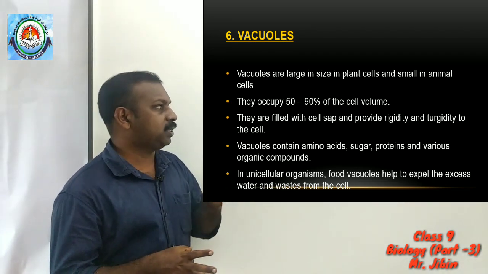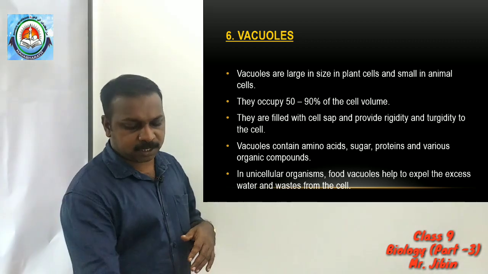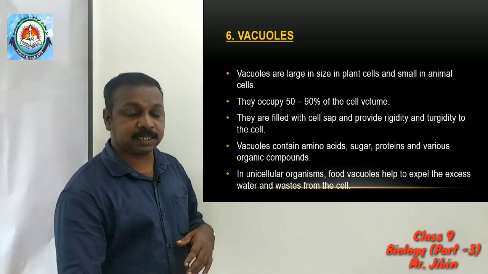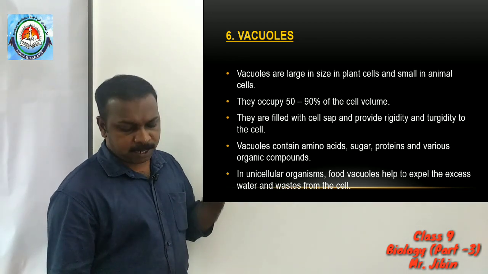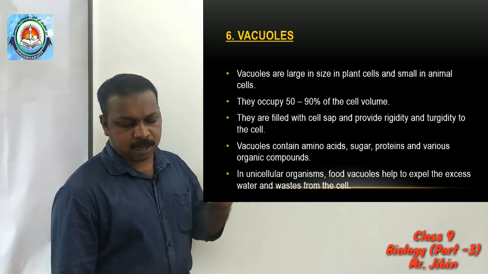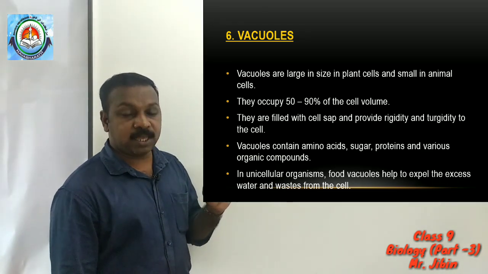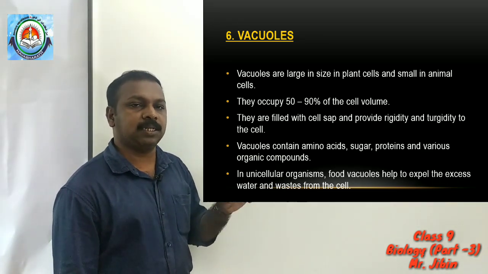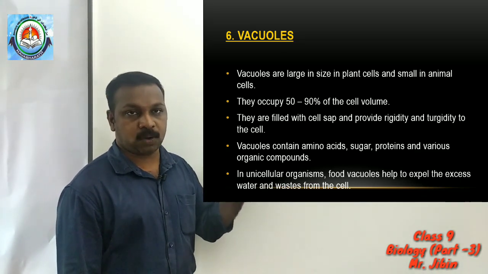These vacuoles contain amino acids, sugars, and various organic acids, then proteins. These are the contents. Many sugars, then amino acids, then various organic acids and proteins. All these are present inside this cell sap in the vacuole. Okay.